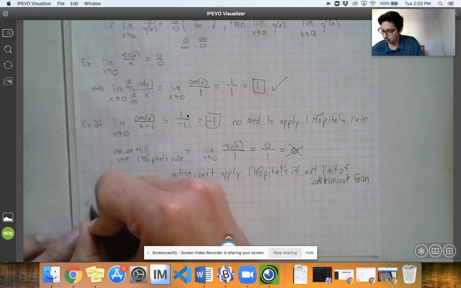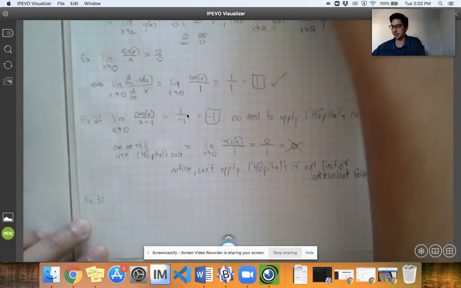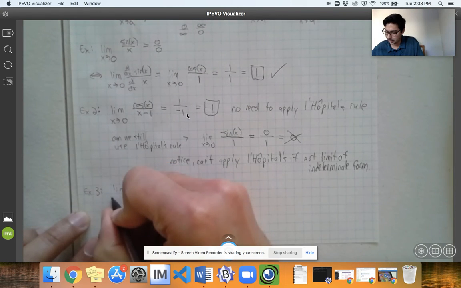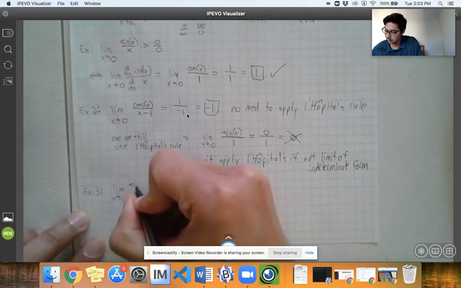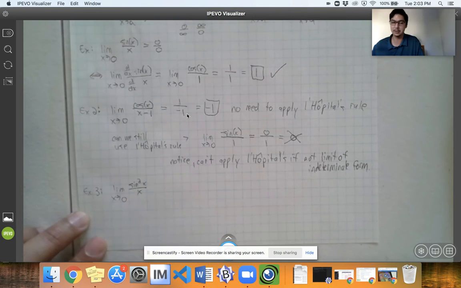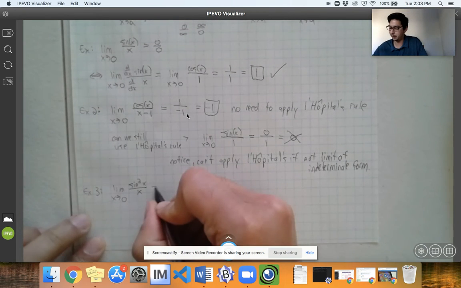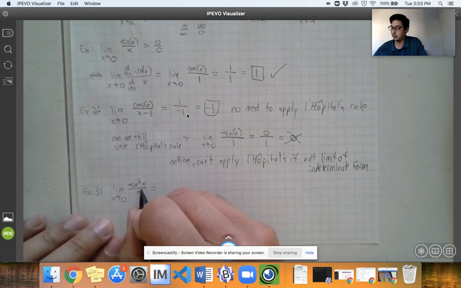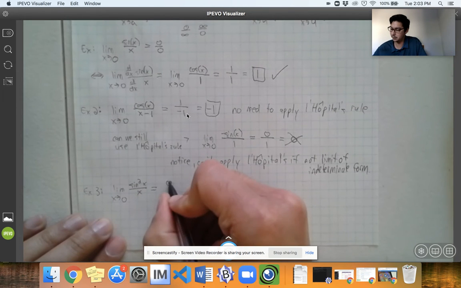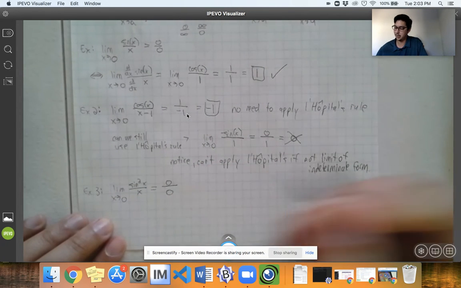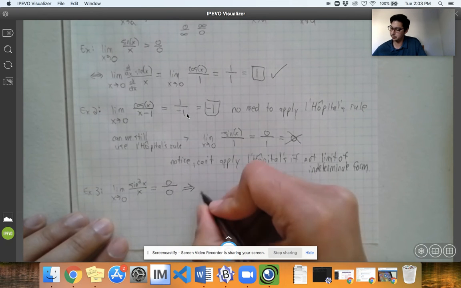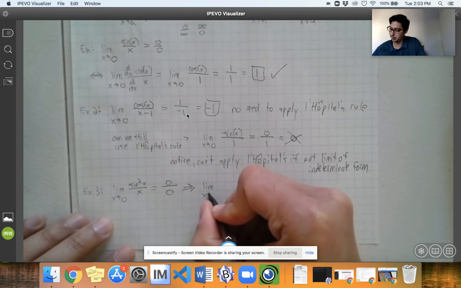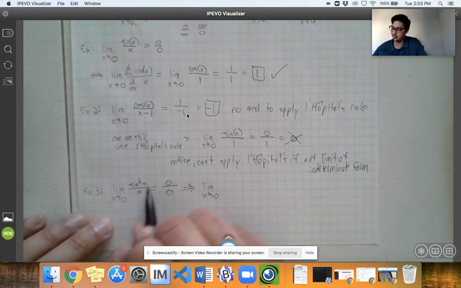Let's look at two more examples, and then I'll wrap this up. Example 3, the limit as x approaches 0 of sine squared of x over x. All right, we evaluate by substituting. Sine of 0 is 0, so if we square it, we still get 0 over 0, so therefore we can apply L'Hopital's and get the limit as x approaches 0 of the derivative of the top.